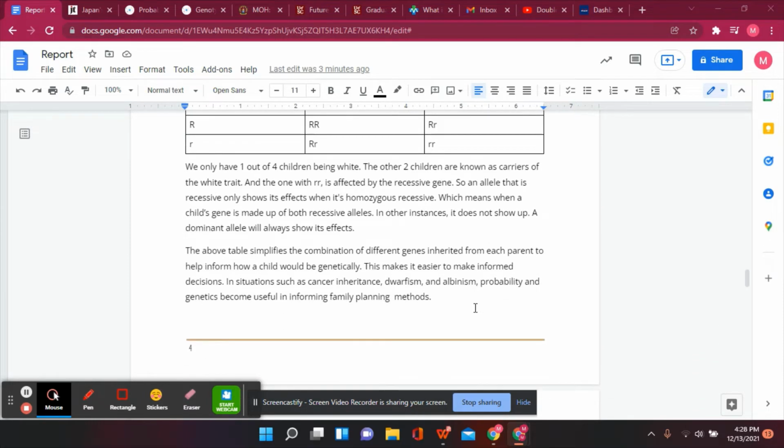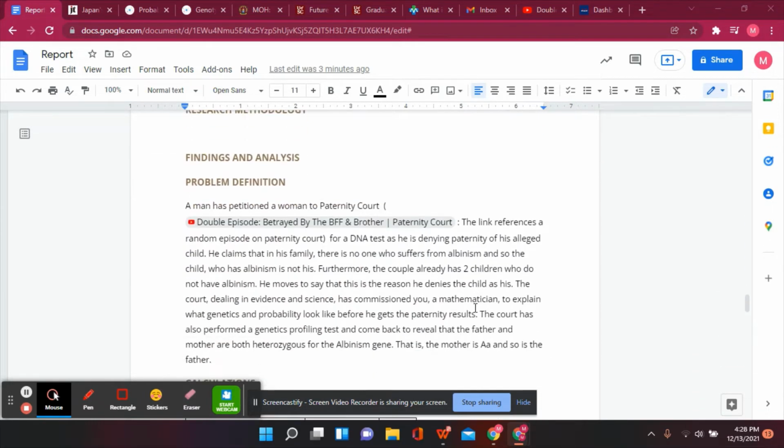This problem that I have was inspired by a show that I love very much called Paternity Court. So what happens in Paternity Court is where you get men denying paternity because maybe a child has albinism and he claims that in his family there's never been a person who has albinism, so it does not make sense to him why this woman is telling him that he's the father of a child with albinism.